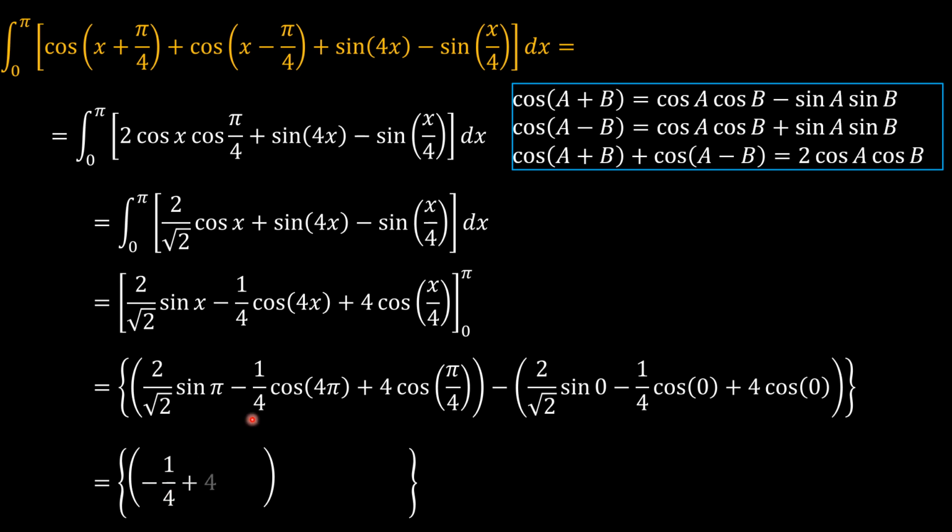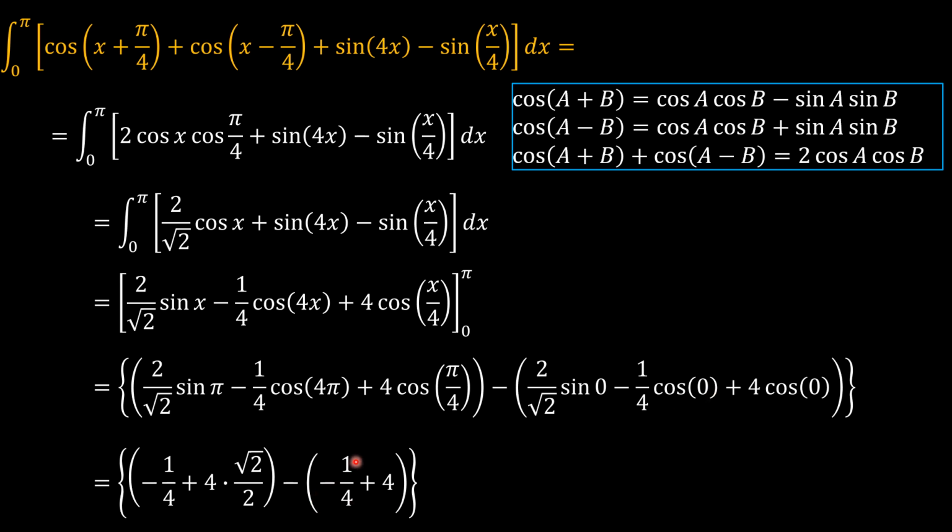So we are left with minus a quarter. Cosine 4 pi is going to be 1, so we have minus a quarter plus 4 cosine pi over 4, which is going to be root 2 over 2. Then minus sine 0 is 0, and cosine 0 is 1.